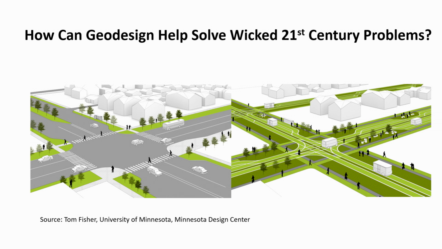I don't know the answer to this question, but I'm going to restate it in the form of a challenge to you, to the geodesign profession, to help our communities prepare for this new paradigm of autonomous mobility, and by extension all the other wicked 21st century problems that we need to deal with, climate change, et cetera. We don't know how this is going to play out over time, so how can you develop and model scenarios that will help communities make informed policy choices?